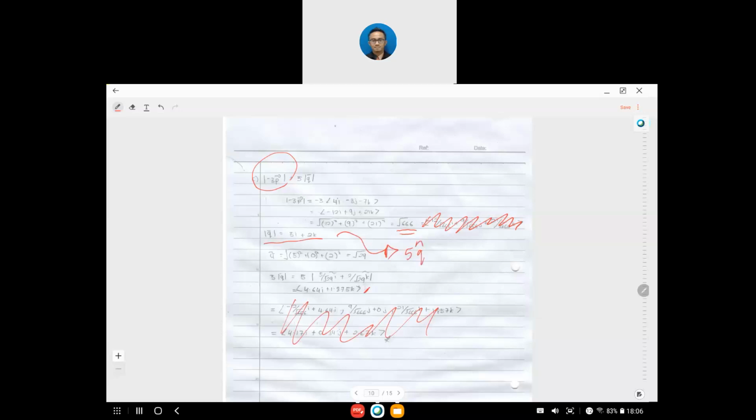So you can get 25, 10. So magnitude of 5Q, you can get square root of 25 squared plus 10 squared. So this one equals to what, C? 5 square root of 29.